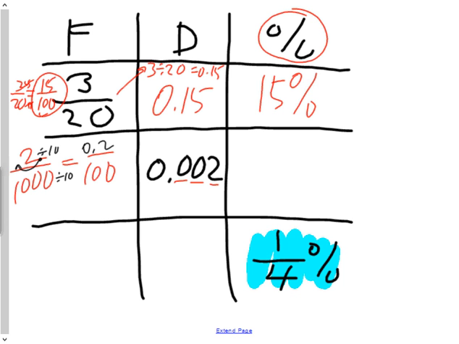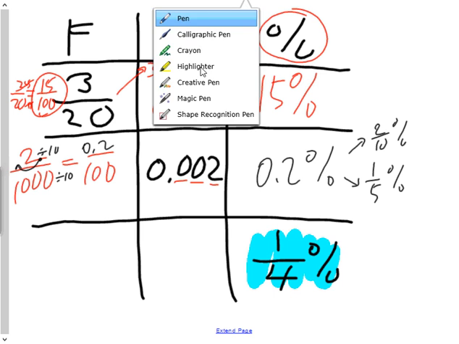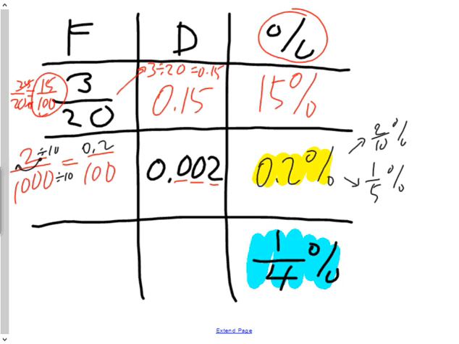Since percentages are out of 100, that means I have 0.2%. Another way you could write that, in lowest terms, you could also write it as 1/5%. All three of these answers are the same thing.